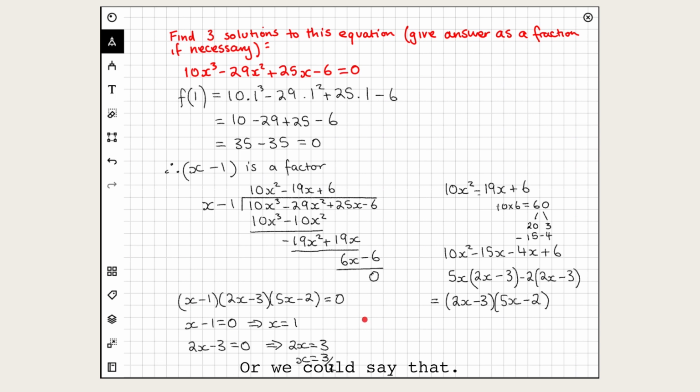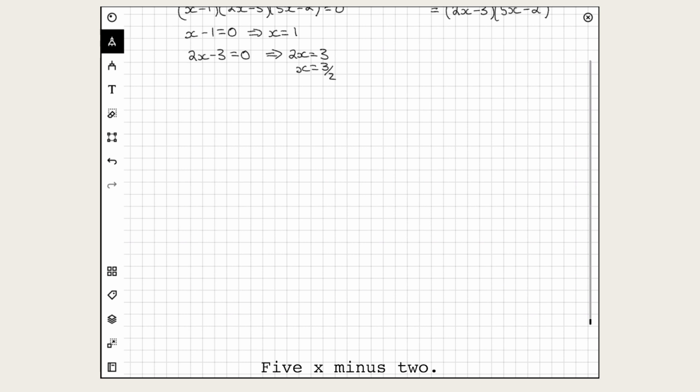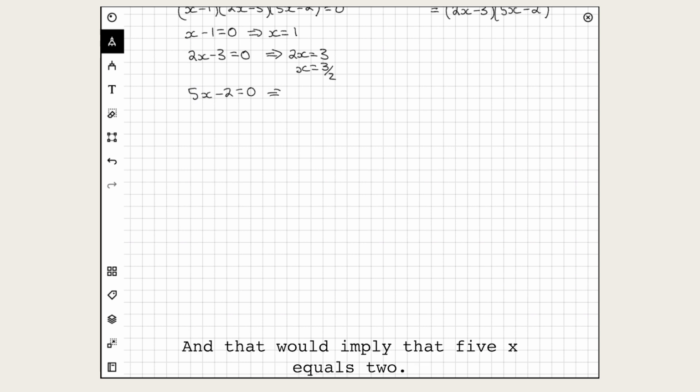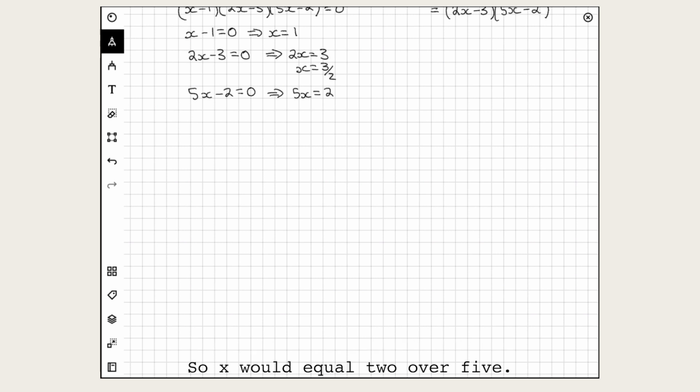Or we could say that 5x minus 2 equals 0, and that would imply that 5x equals 2, so x would equal 2 over 5. So our three solutions here: x equals 1, 3 over 2, or 2 over 5.